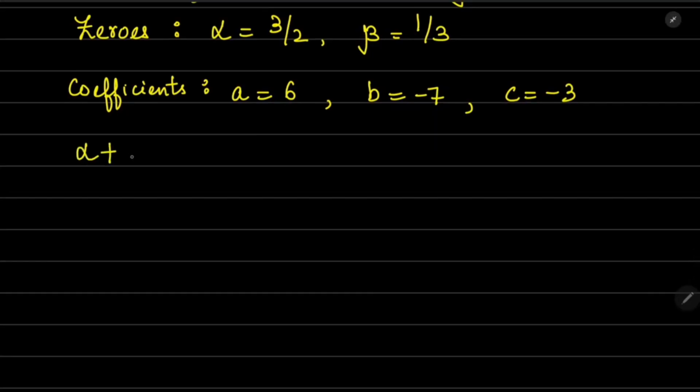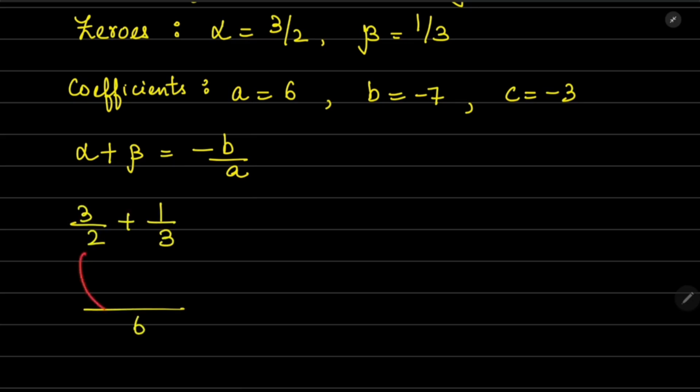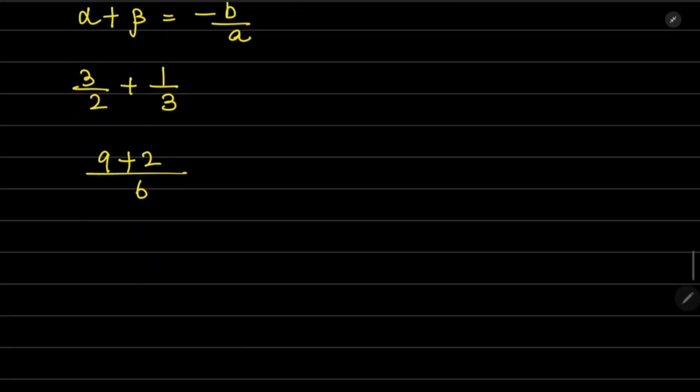So alpha plus beta is equal to minus B by A. What is alpha? 3 by 2 plus 1 by 3. Let us take the LCM 6. So 2 into 3 is 6, 3 into 3 is 9, plus 3 into 2 is 6, 2 into 1 is 2. So what are you getting?